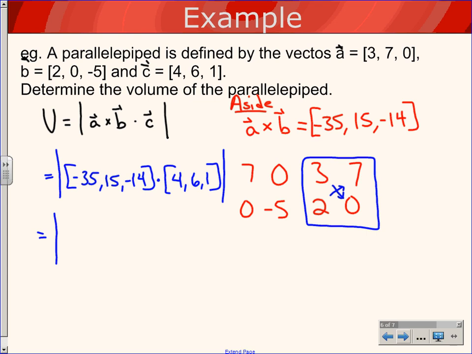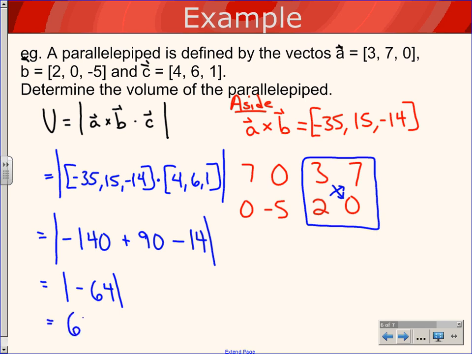So to do the dot product now, it'll be minus 35 times 4, which is, I think, minus 140. 6 times 15 is 90. And then minus 14. Oh, good, we are going to get a negative on this one, too. If we put that all together, minus 64, I think. Pretty sure it's minus 64. But we're taking the absolute value of that. So the volume is just 64.